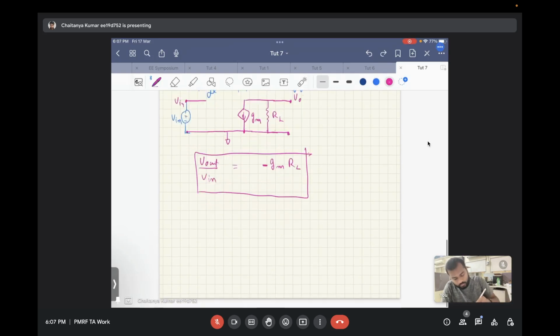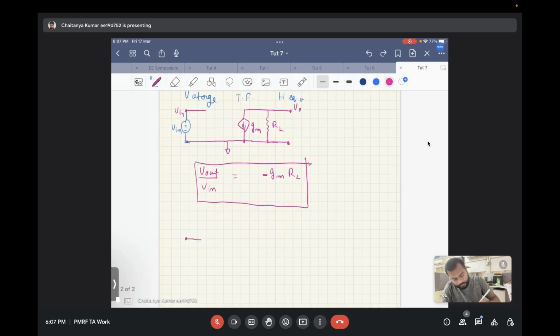And the current transfer function, if we try to find out, so I in over here.